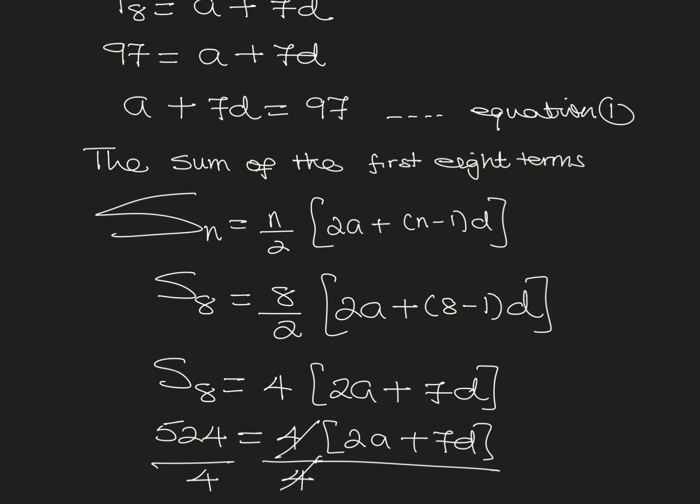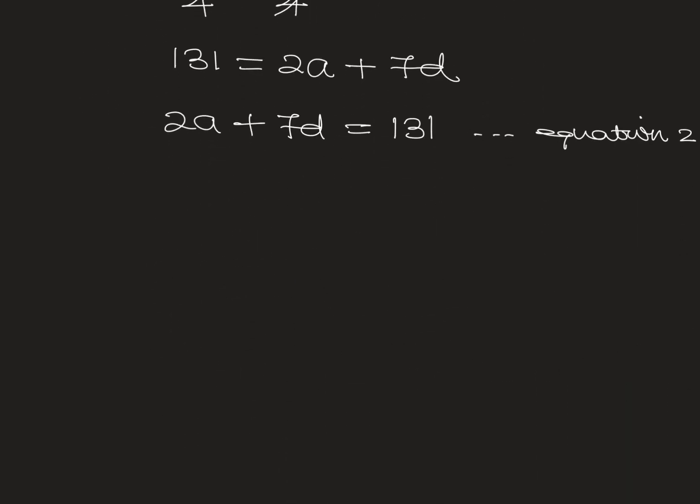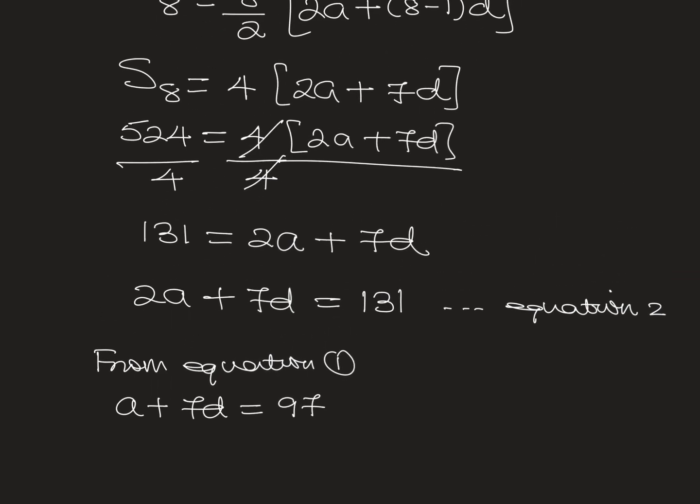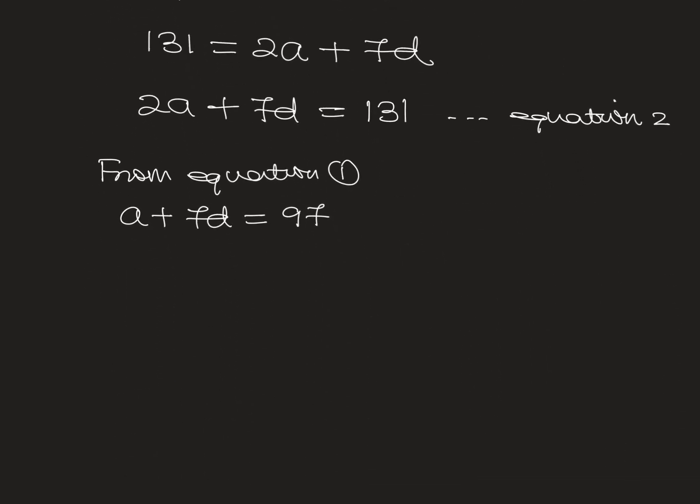So equation 1, a plus 7d equals 97, right? Yes. So if I want to make d the subject of the formula, I can say 7d is equal to 97 minus a.